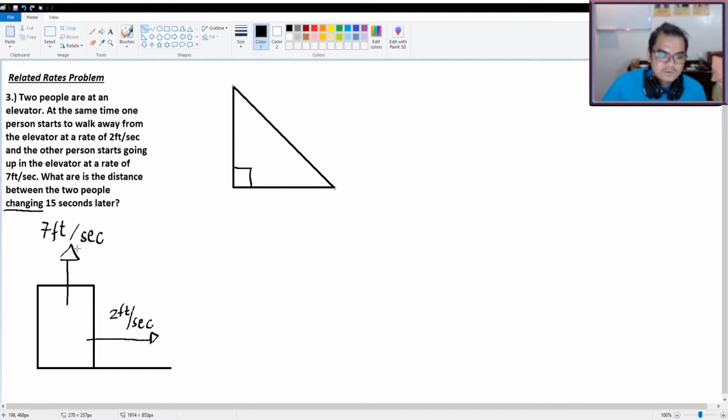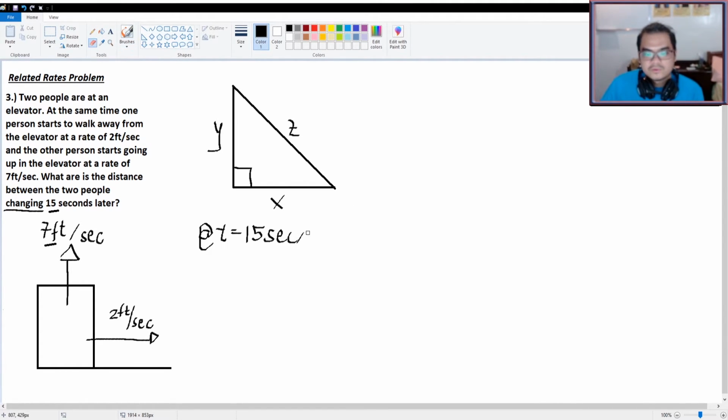After 15 seconds, traveling 7 feet per second, let's call this y and this x, and of course this is our z. So at t equal to 15 seconds.